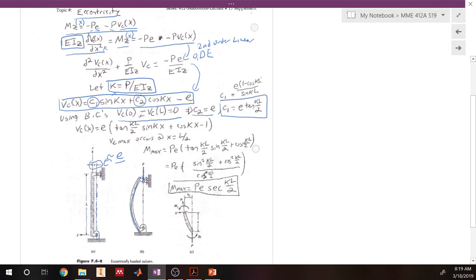All right. So if we do that, what we end up getting is v_c of x equal to this function here.